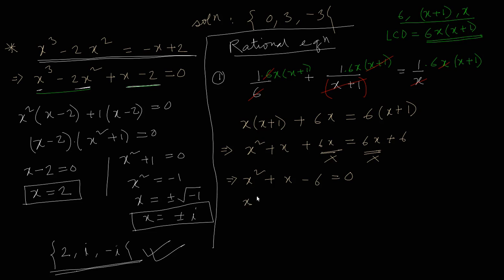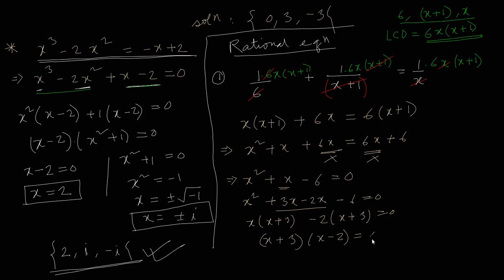I can write x square plus 3x minus 2x, and plus 3x minus 2x is going to yield plus x, so negative 6 equal to 0. And I can say x plus 3 and minus 2 common, so I get x plus 3 and x minus 2 equals 0.